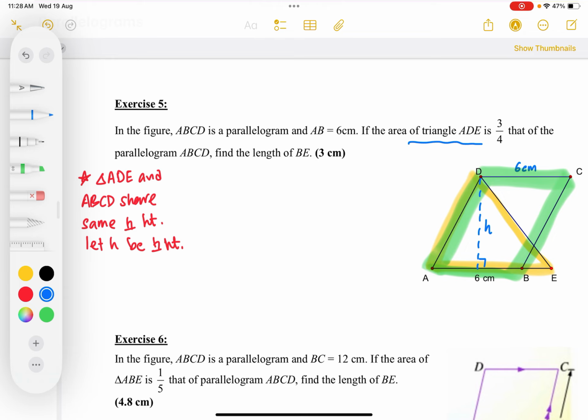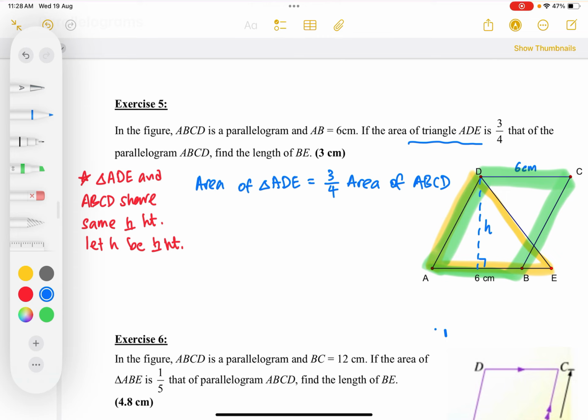Area of triangle ADE, they said that it is 3/4. It is, so equals to 3/4 area of ABCD. This is what the question is telling us.